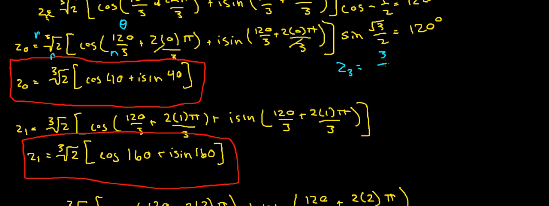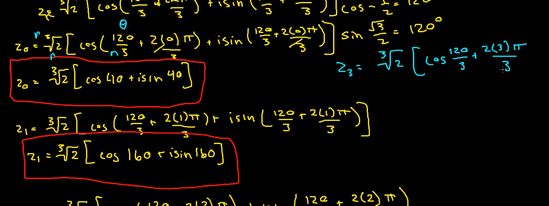let me just show. So cosine 120 over plus 2, 3, pi, see what's going to happen.